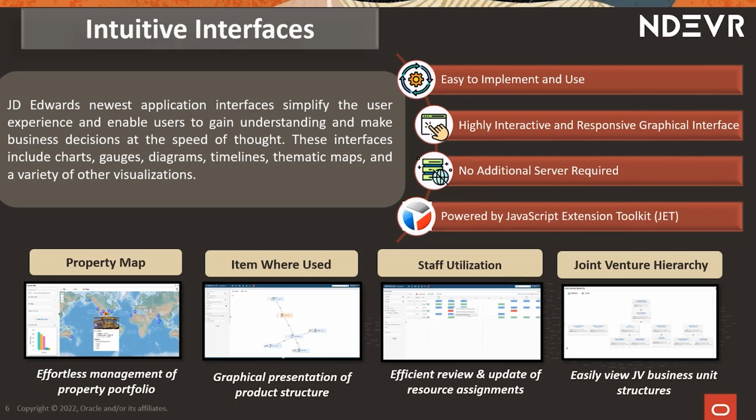And the last one is the joint venture hierarchy, where you can connect multiple different companies which are part of a joint venture system and get them into a rolled-up, top-down approach, so that you can do this across multiple different entities.